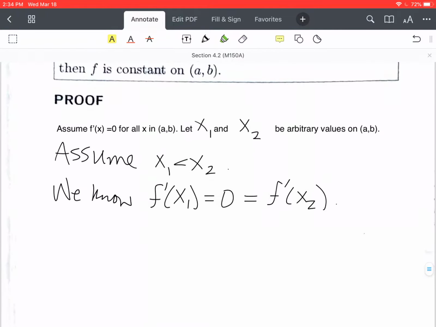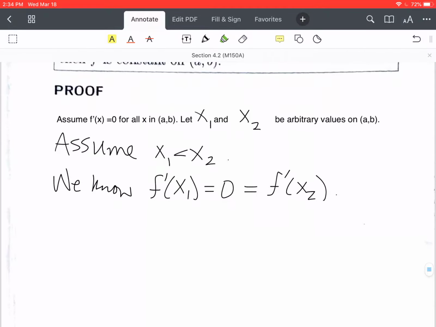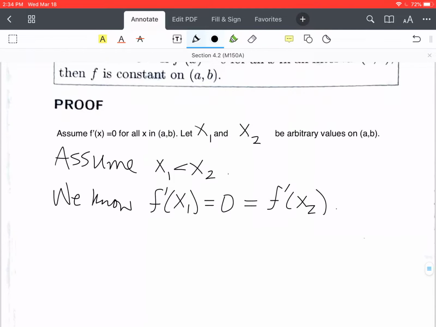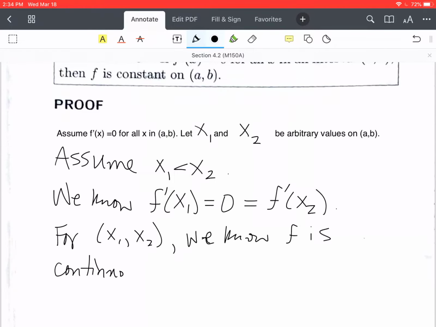So if we have, for the interval x1 to x2, we know f is continuous and differentiable.